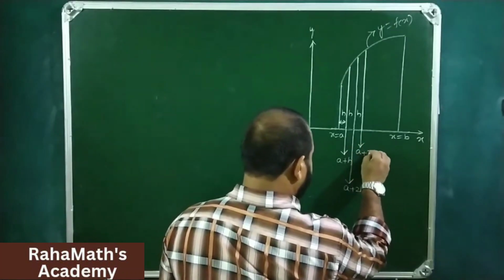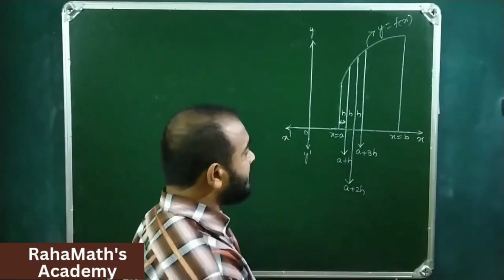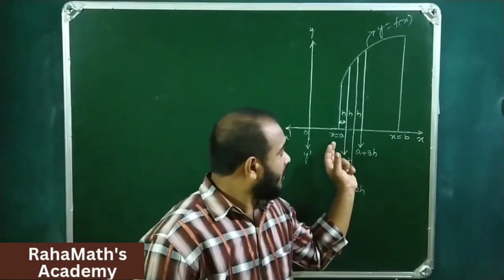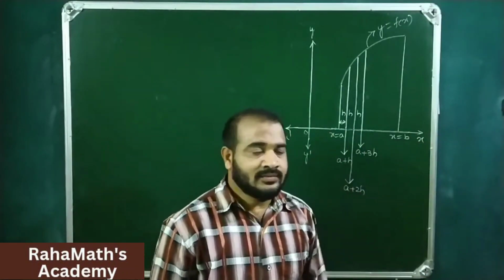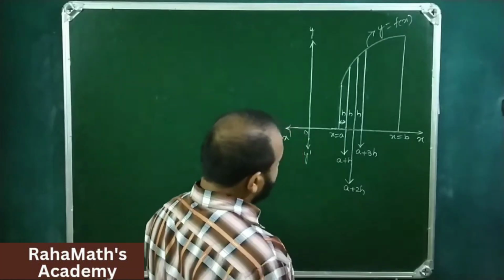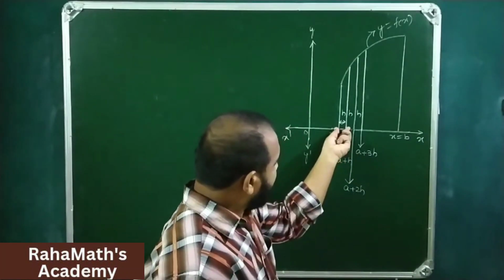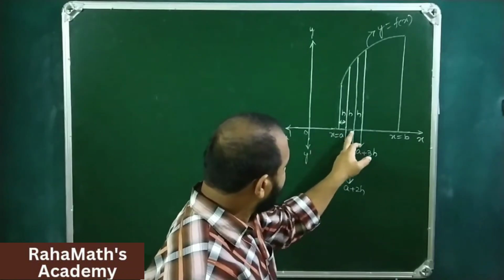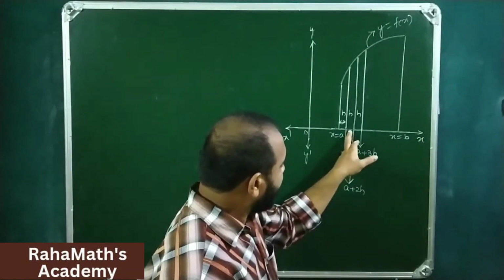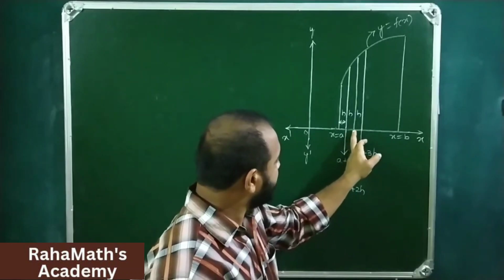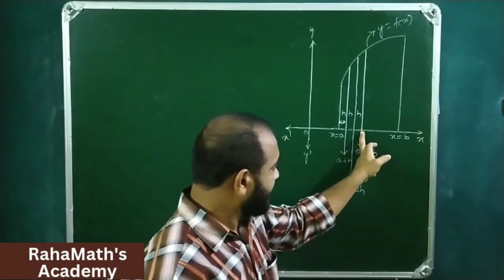Likewise, let us split the n rectangles. So this is one rectangle, between a and a plus h. Another rectangle is a plus h to a plus 2h. This is a plus 2h to a plus 3h.